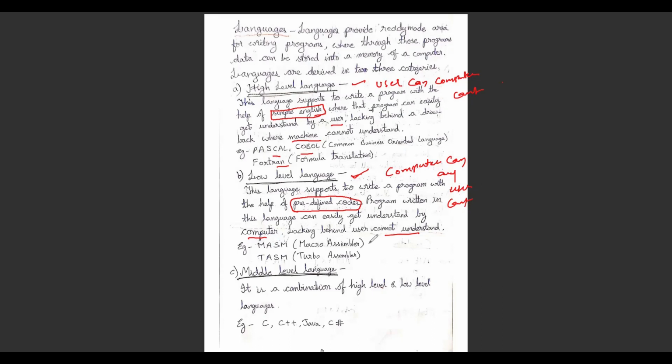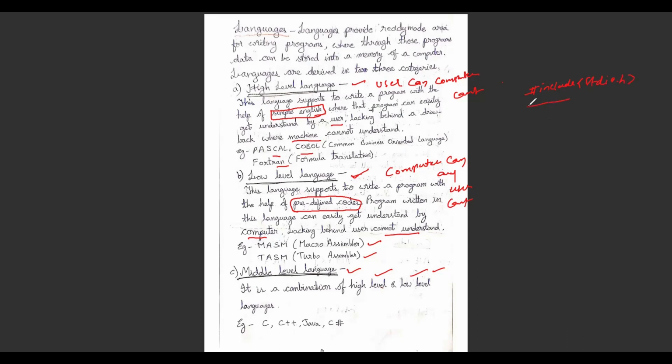So for example, you have macro assembler, MASM, and turbo assembler. In order to form the bridge between these two, you have a concept called middle level language, which is a combination of both high level and low level language, which means the program can be developed using simple English as well as your predefined codes. Example, if you take C language, you're going to have the header file called hash include stdio.h.